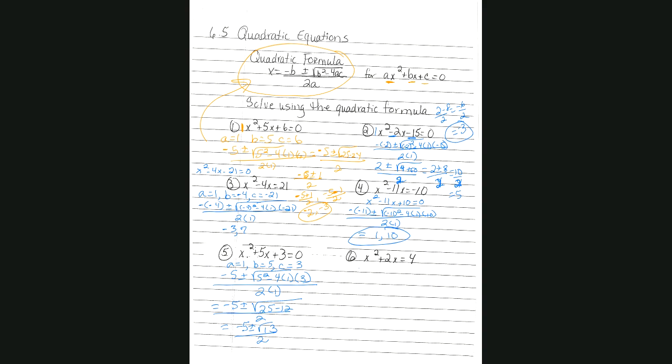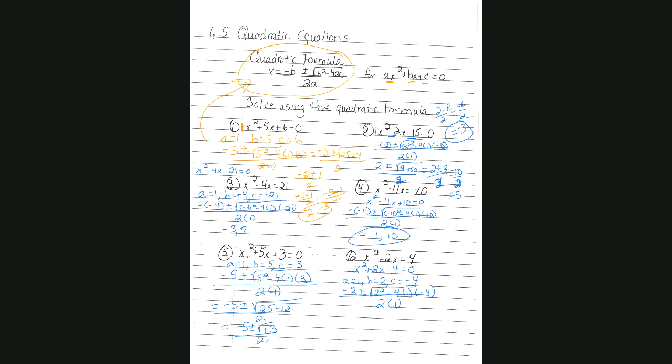All right, number 6. This would be x squared plus 2x minus 4 equals 0. So here, you put in your a is 1, b is 2, and your c is negative 4. So it's negative 2 plus or minus the square root of 2 squared minus 4 times 1 times negative 4 all over 2 times 1.